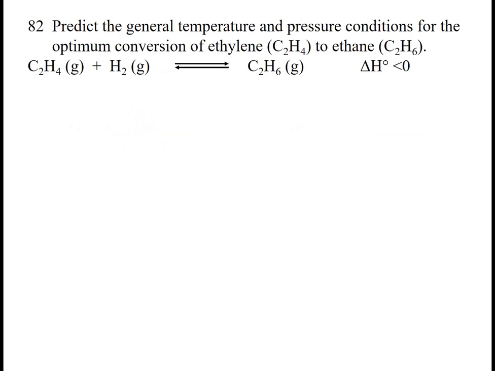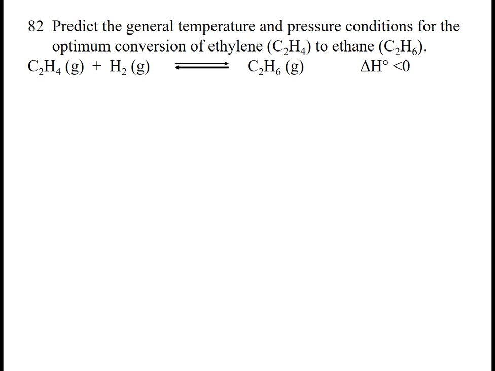So here's one about choosing the temperature and pressure conditions to get more ethane from this. Okay, so to answer the question for temperature, if delta H is less than 0, is that endothermic or exothermic?